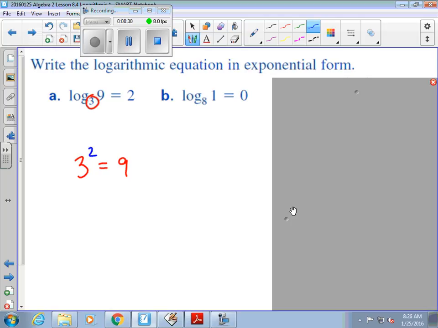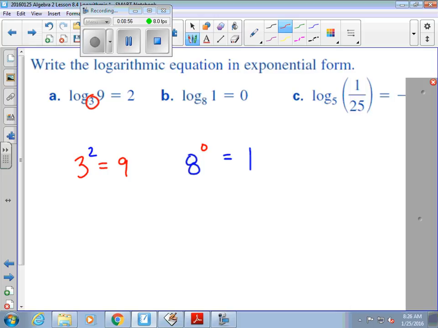So it's saying log base 8, so 8, to the what power is equal to 1. And again, we know in order to make something turn into the number 1, you raise it to the 0 power. We're not doing any calculating or figuring here. All we're doing is rewriting from one form to the other. So 8 to the 0 is equal to 1.